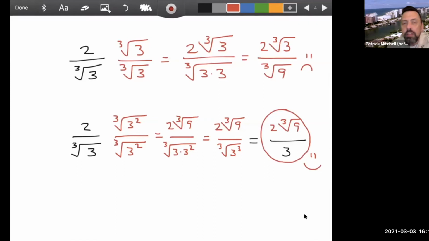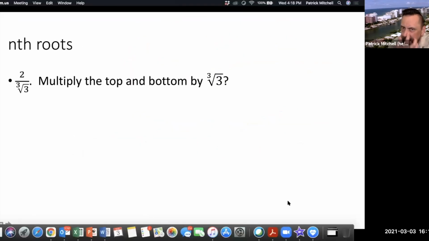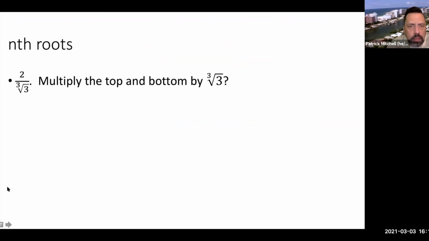So the idea is that you have to make perfect nth powers inside that radical. So in the case of a cube root, they would have to all be perfect cubes. So we need the denominator to be 3, and we saw how to do that.